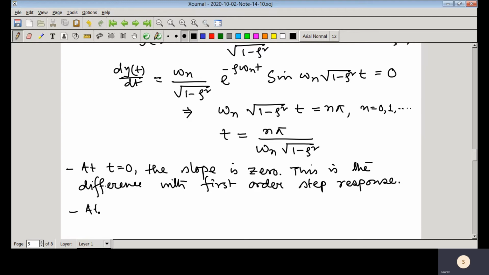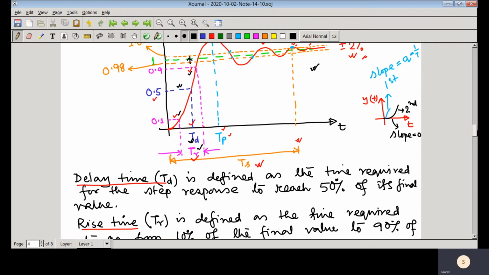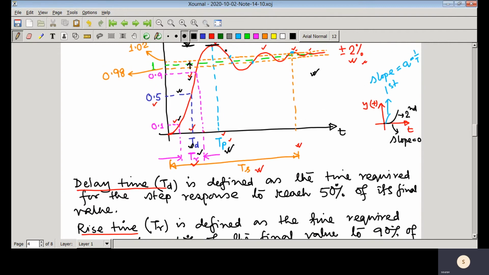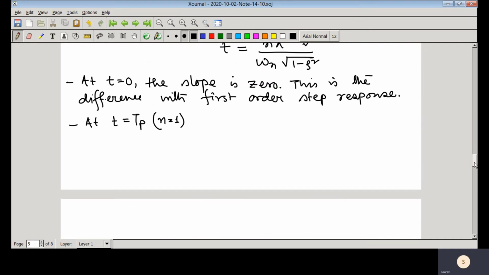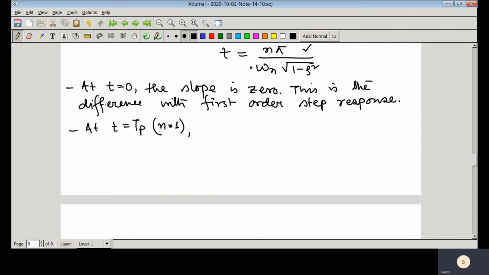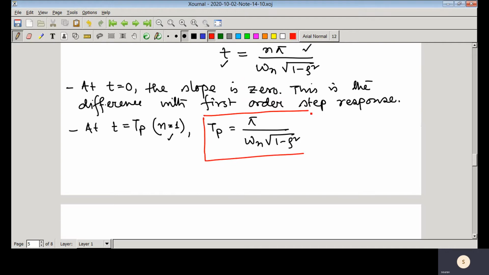And at t equal to Tp, that means n equal to 1, here you can see this is the Tp, and the first peak occurs at Tp. So at t equal to Tp, with n equal to 1, Tp is pi by omega n square root of 1 minus zeta square. So this is the expression for the peak time.